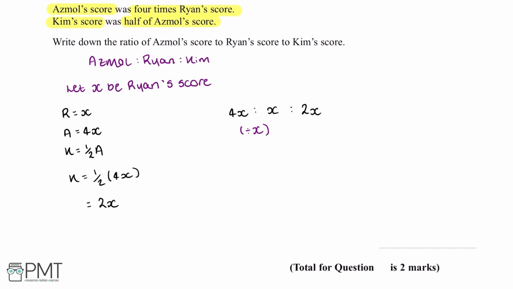And this gives us a final ratio of 4 to 1 to 2. And this is our final answer. Now this question's worth 2 marks. We'll get our first mark for expressing the scores in terms of x. And we'll get our second mark for the correct ratio.